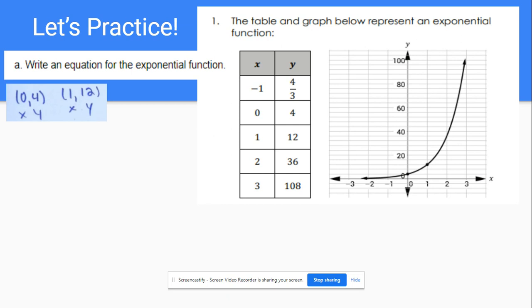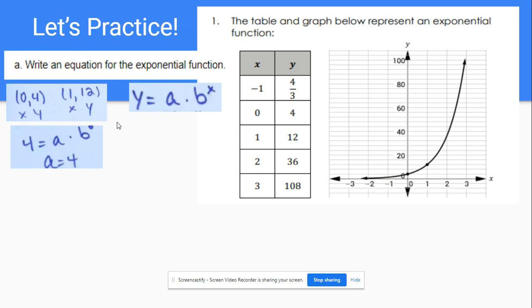And if you remember the next step, it says I need to substitute into the form y equals a times b to the x power. So we're going to use the first ordered pair first. My y value is 4, so I'm going to take y out and replace it with 4.